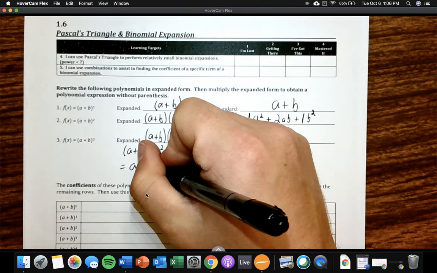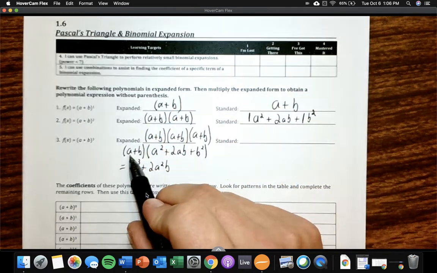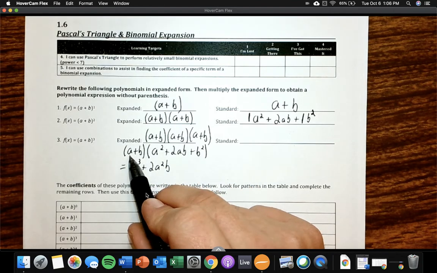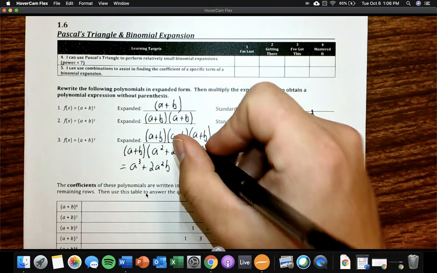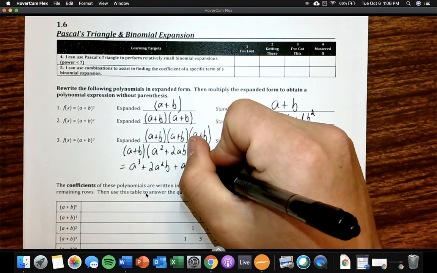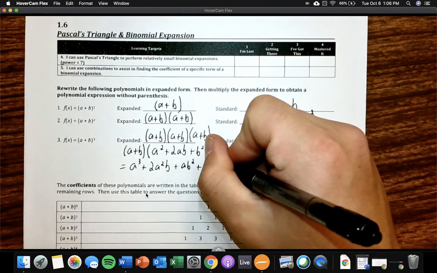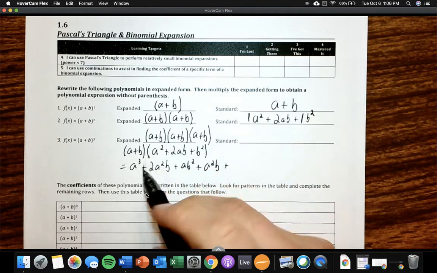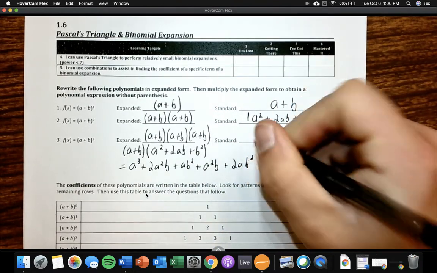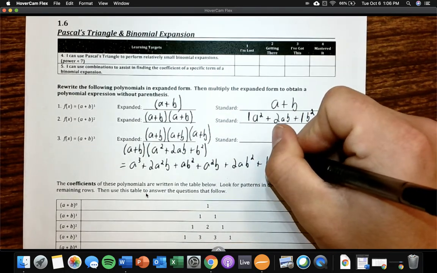plus 2a squared b, because we're doing a times a squared, a times 2ab. Then we're going to have to do a times b squared, and we get ab squared. That's going to be plus b times a squared, so it's going to be a squared b, plus b times 2ab, so that'll be 2ab squared, plus b times b squared, so we have b cubed.